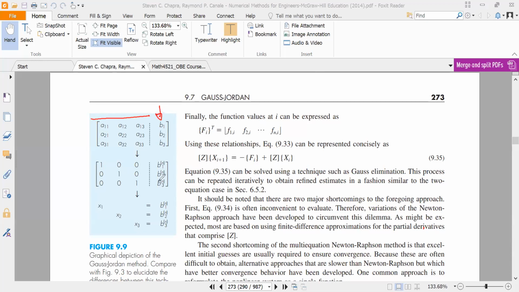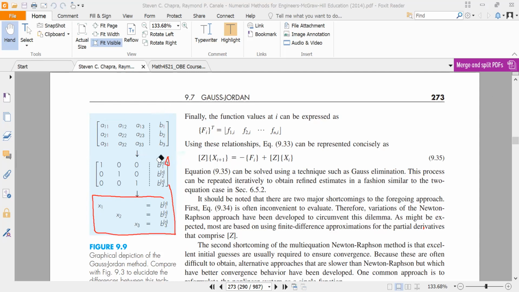Then you use your elimination technique with row and column operations, and you will be converting the matrix into this form. Then the new B column that you obtain is the solution of your problem, because your equation is now converted into this form, so your new B coefficients are directly the solution.